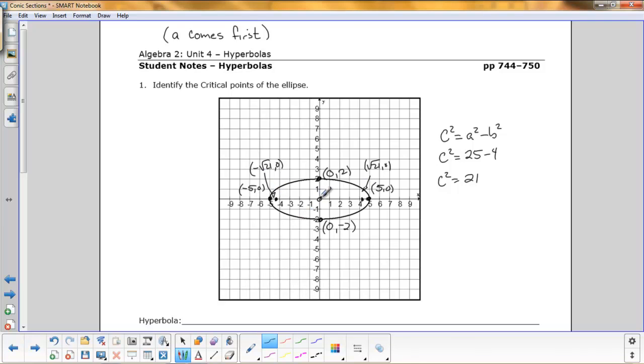The center is the origin, 0, 0. Therefore, the equation in standard form is x squared over 25 plus y squared over 4 equals 1.